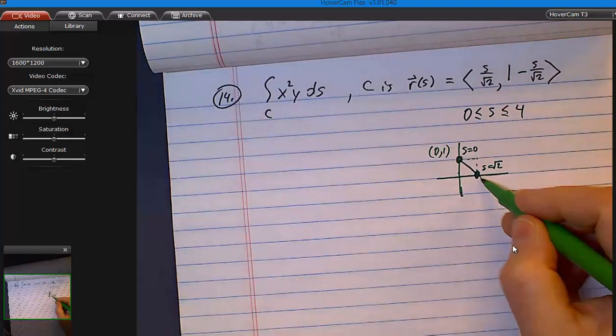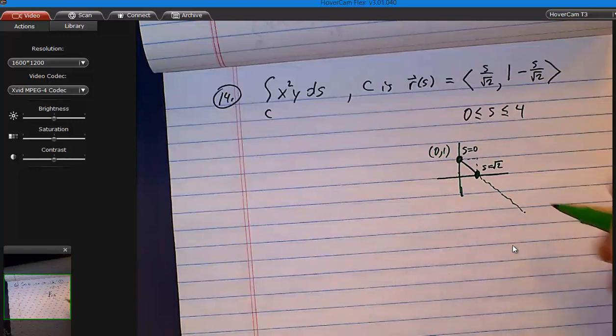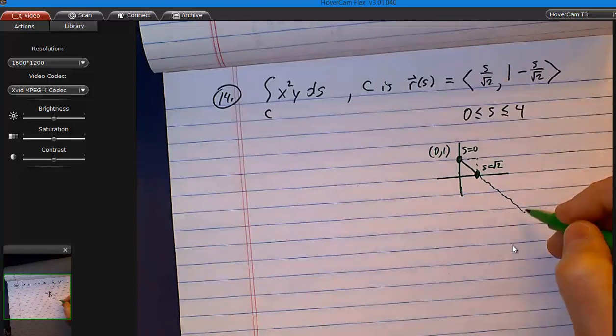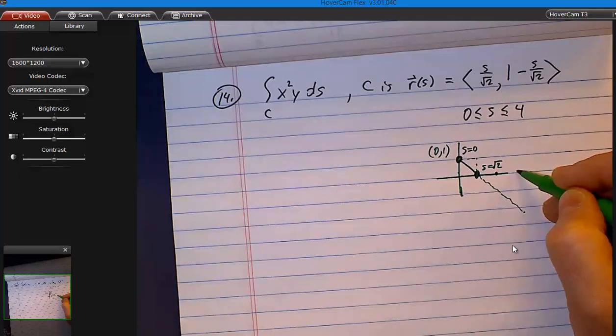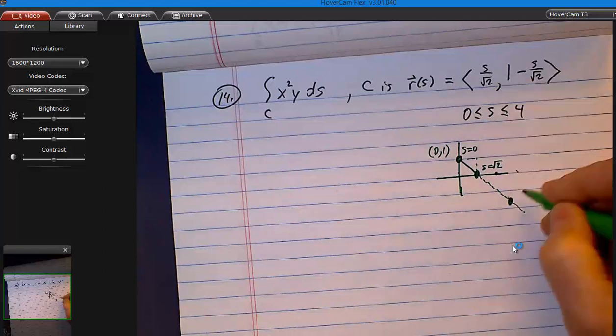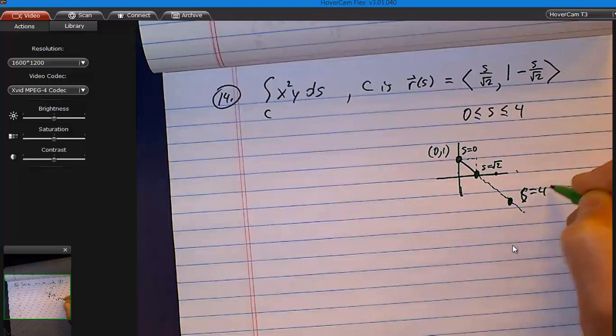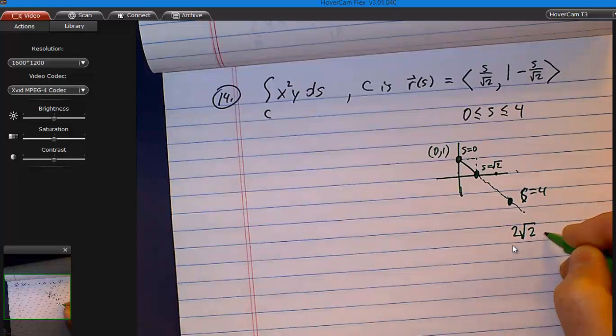Now we're supposed to go all the way until s equals 4. And I'm pretty sure it's a line. So let's see if that's correct here. If I plug in 4, I'm at 2 radical 2, which is the square root of 8. Okay? So when s is 4, I would be at 2 radical 2, or square root of 8, let's say.